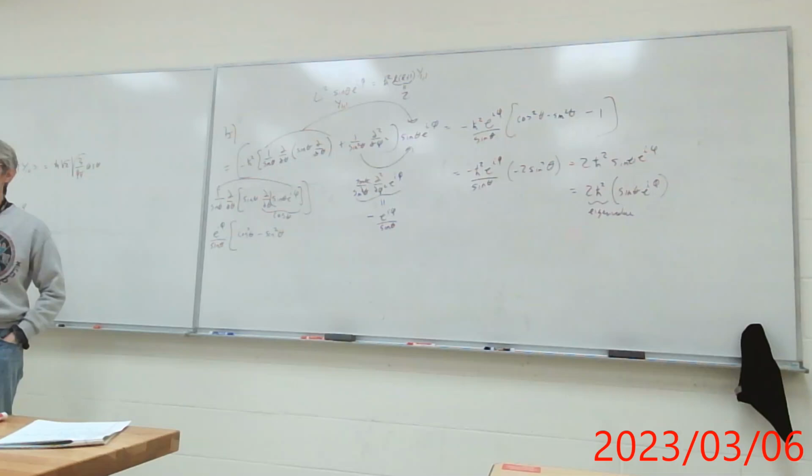So what I'm going to do is copy the expression given for L squared in position space in spherical coordinates, which is equation 9.129. So that looks like minus h bar squared, 1 over sine theta d by d theta sine theta d by d theta, plus 1 over sine squared theta d squared d phi squared.